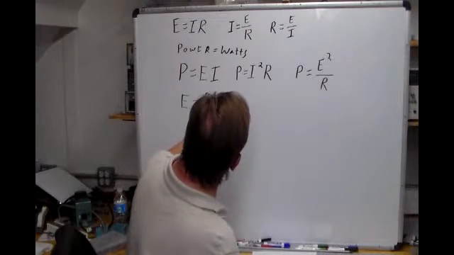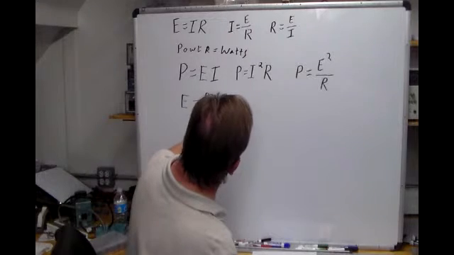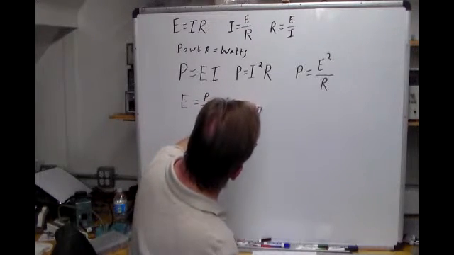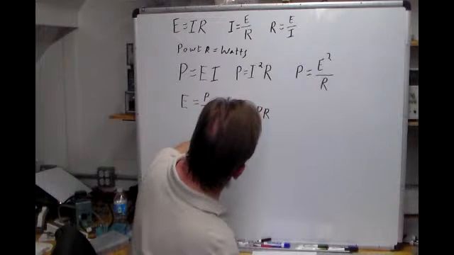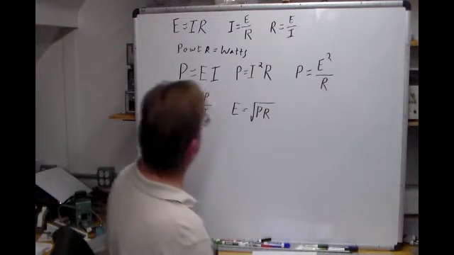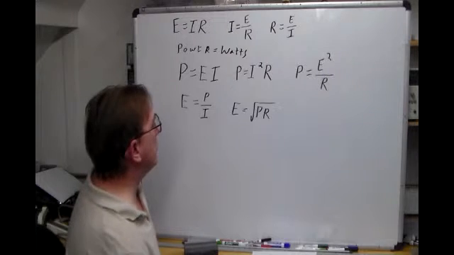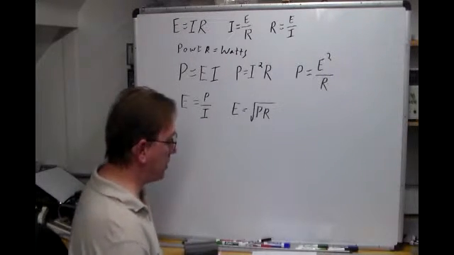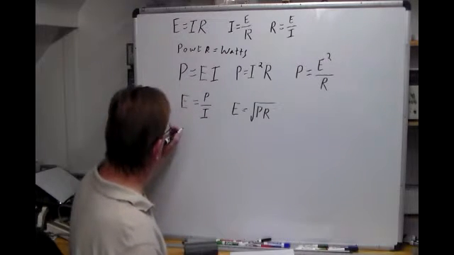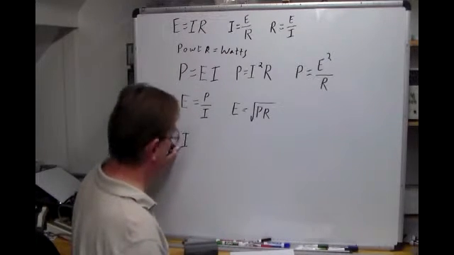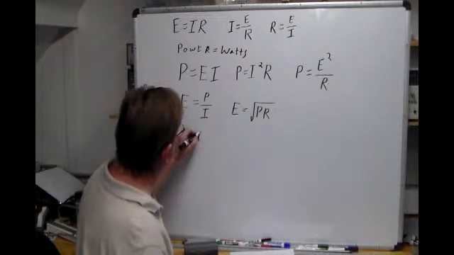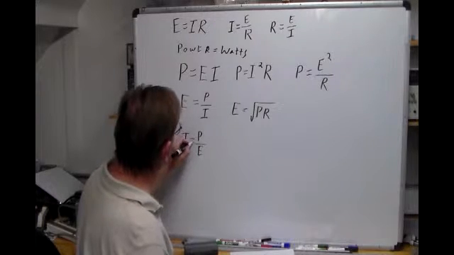And less likely is the voltage equals the square root of power times resistance. But that's handy to have. This will be for when you have the power being dissipated and the value of resistance. And here's another one that you're going to use: the current is the power over the voltage.